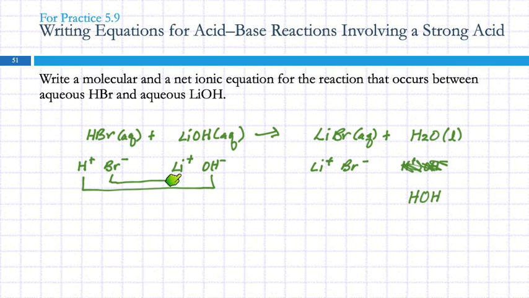Did lithium get into a relationship? No. She maybe went home with bromide, but they're not like getting married or anything. They just got left behind. So lithium and lithium. How about bromide? Bromide shows up as an ion over here as well. So those are our two spectators. So we're going to end up with this very familiar equation here.